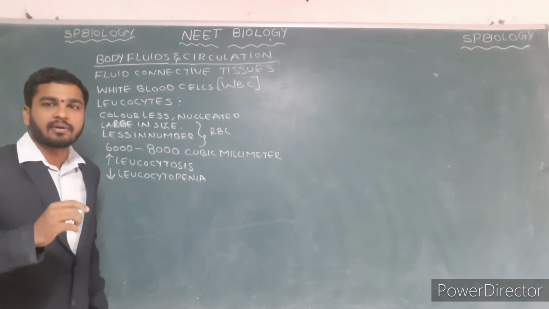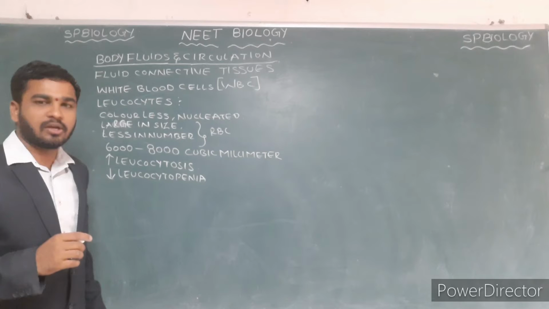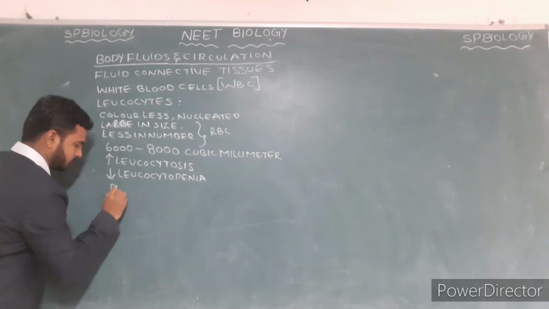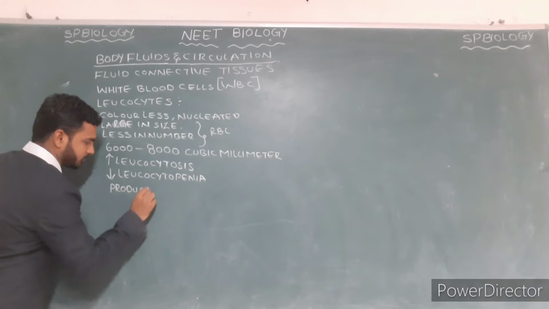Production of WBC is known as leukopoiesis. Production means formation.